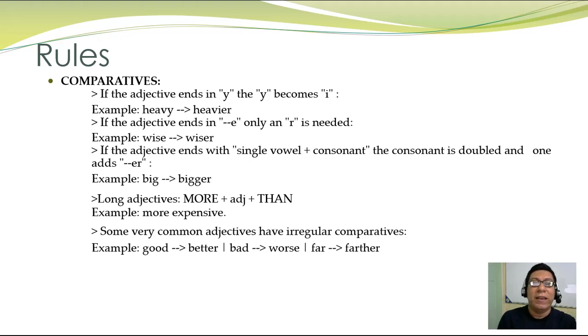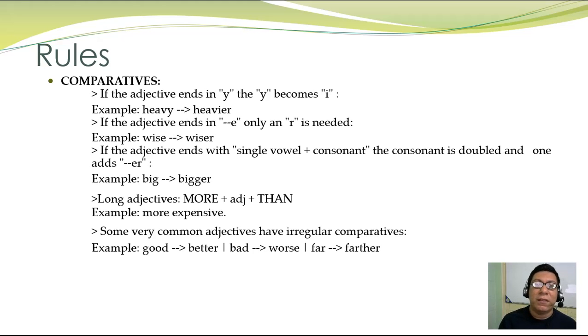So you can say smaller than, thinner than, wiser than, happier than, heavier than, like that. In the case of more, we have one example, more expensive. And some very common adjectives have irregular comparatives, for example, good, better, bad, worse, and far, farther, like that.